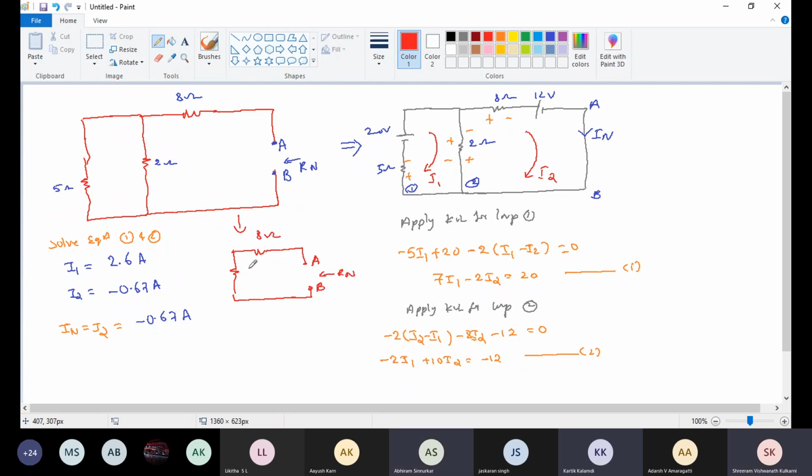RN equals 9.42 ohm. IN is 0.67 ampere, RN is 9.42 ohm.